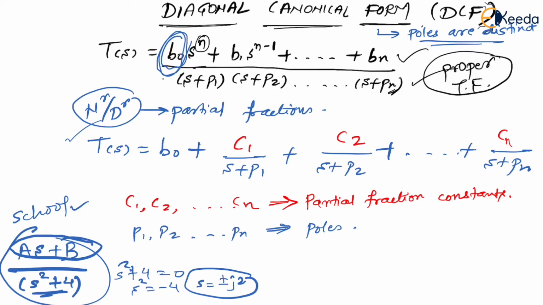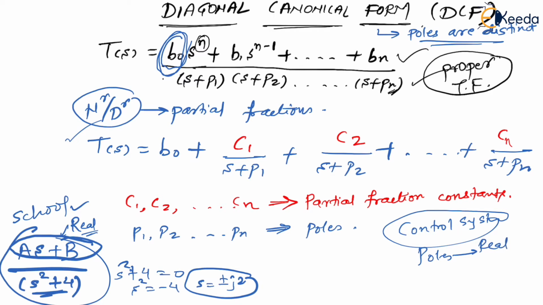Another fact is that we were dealing only with real numbers. But in our control systems, we can have poles which are real, complex and imaginary as well, right? So we do not have the problem that we need to have only real roots. We can also have complex roots, we can also have imaginary roots.